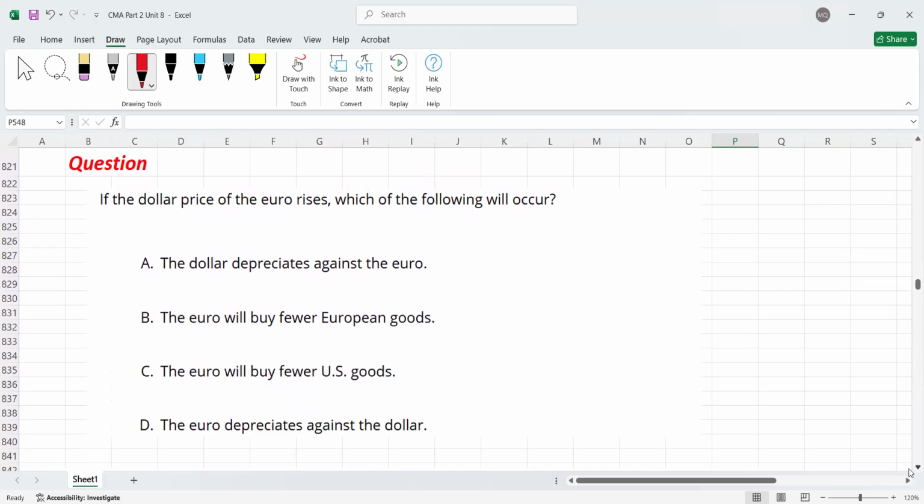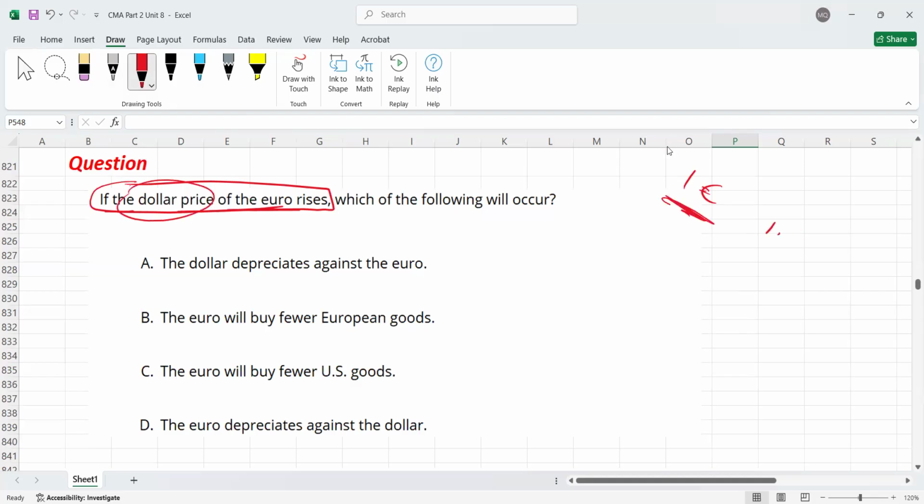Okay, so here we go, guys. First of all, if the dollar price of the euro rises. Please remember, whenever a statement is written like that, that the dollar price of the euro rises, it means you have to keep one euro, this is the sign of euro, and the dollar price means the euro price is expressed in dollars.